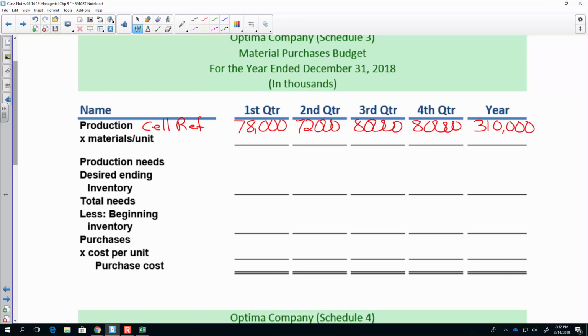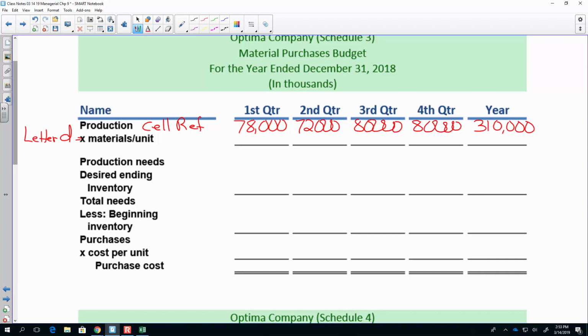If I could have you then turn to page 514, letter D. So much of this is trying to find it in the problem.